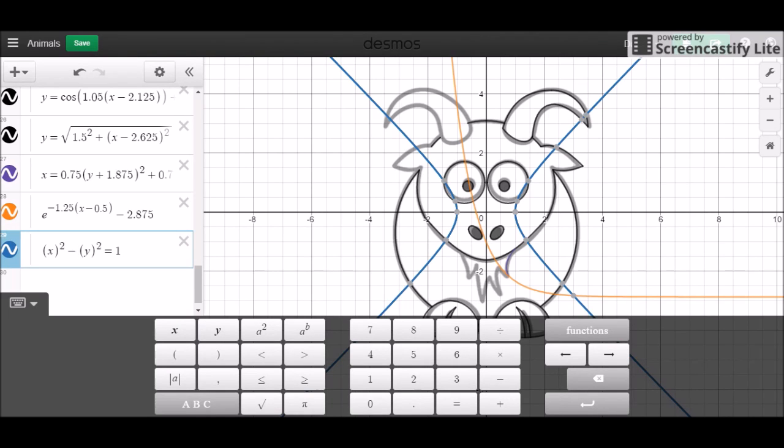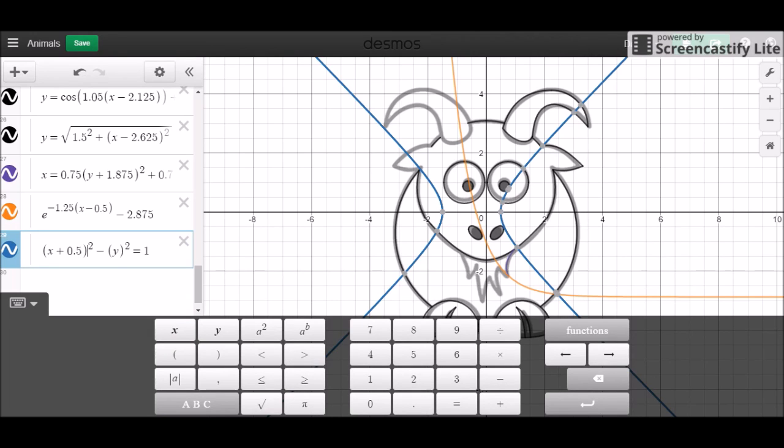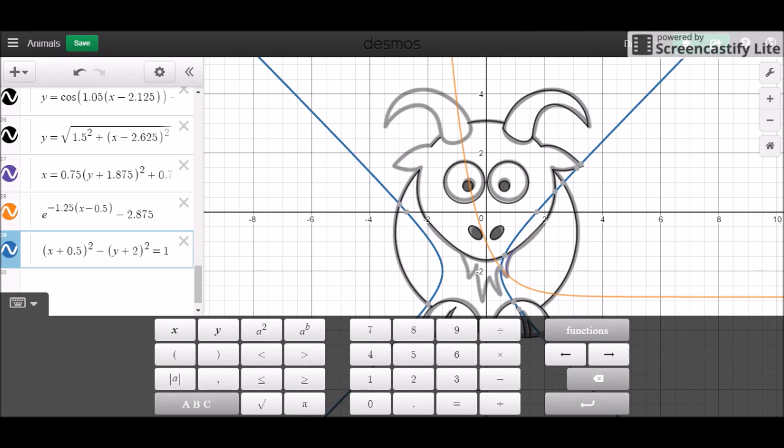All right, and then we should shift the x over by however many units we find fit. Then we can move this down. Let's go like that. And then we stretch it.